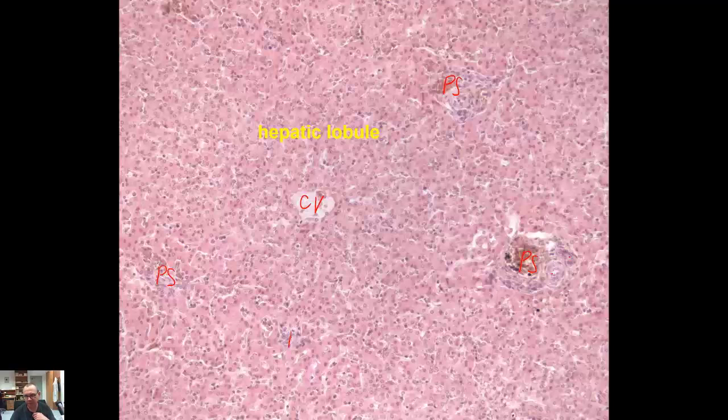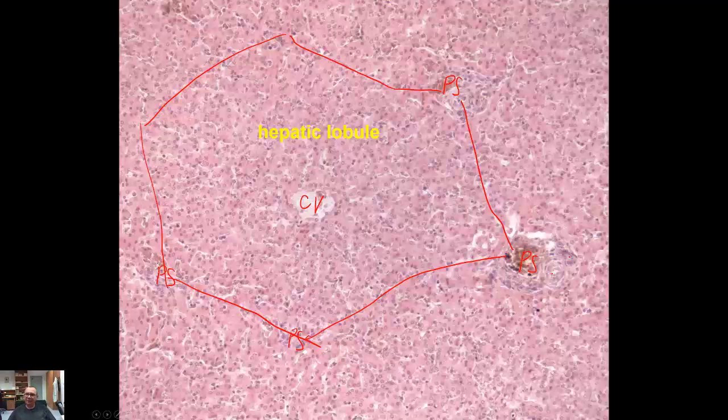Here maybe, so this is the fourth, but in this area I don't find any. Nevertheless, let's omit it. Let's join these portal spaces which we can see. Let's add some hypothetical portal space which should be here, and we have a hexagonal hepatic lobule. Unfortunately, it isn't possible to do it more exactly.